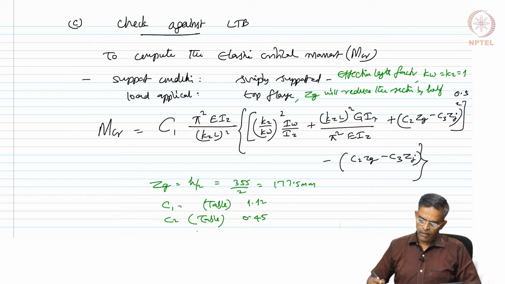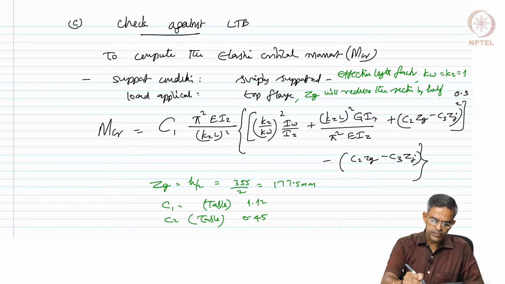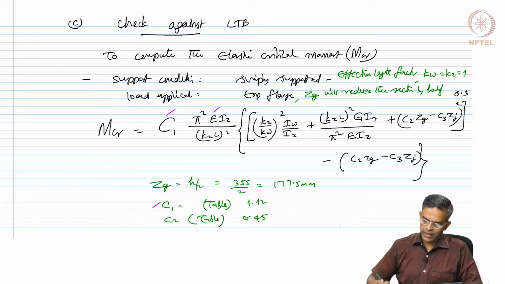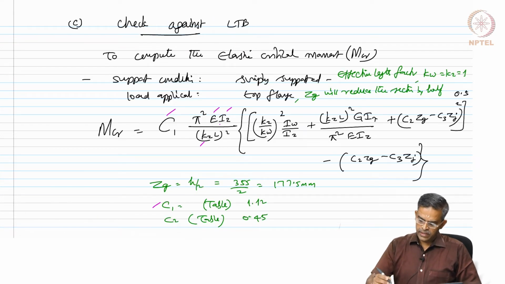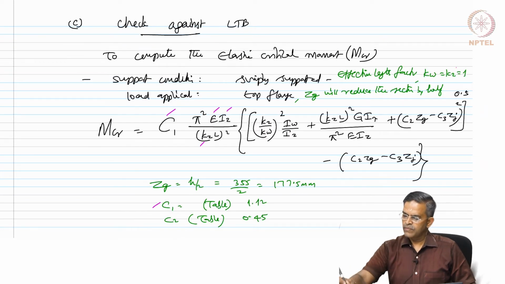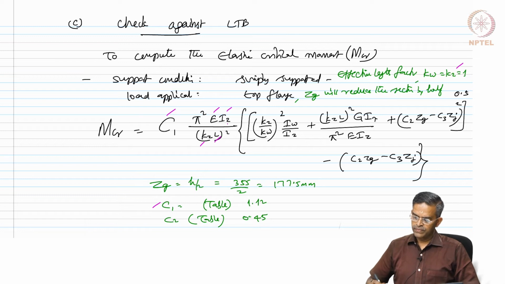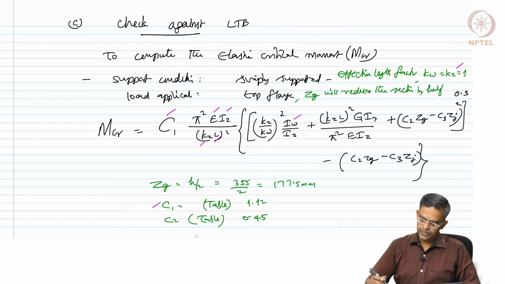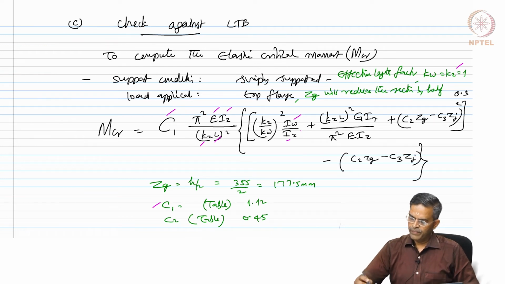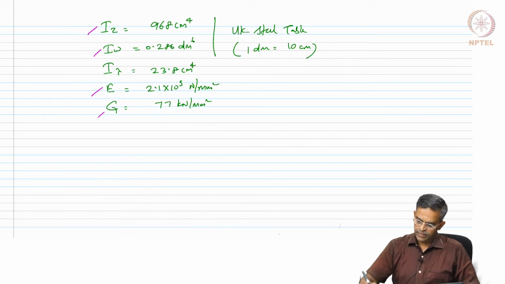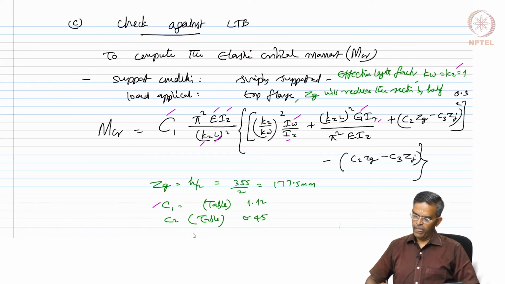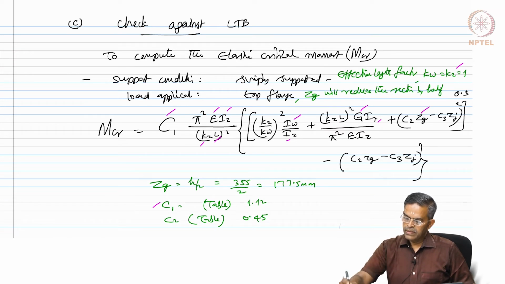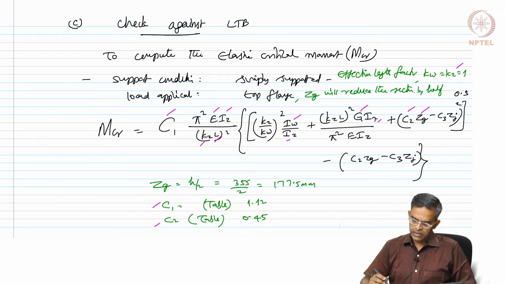We wanted to know C1, we have E, we have Iz, we have Kz, we have L, of course we have Iw, we have Iz, we have G, we have I tau, we have Z, Zg, C2, we have Zg.